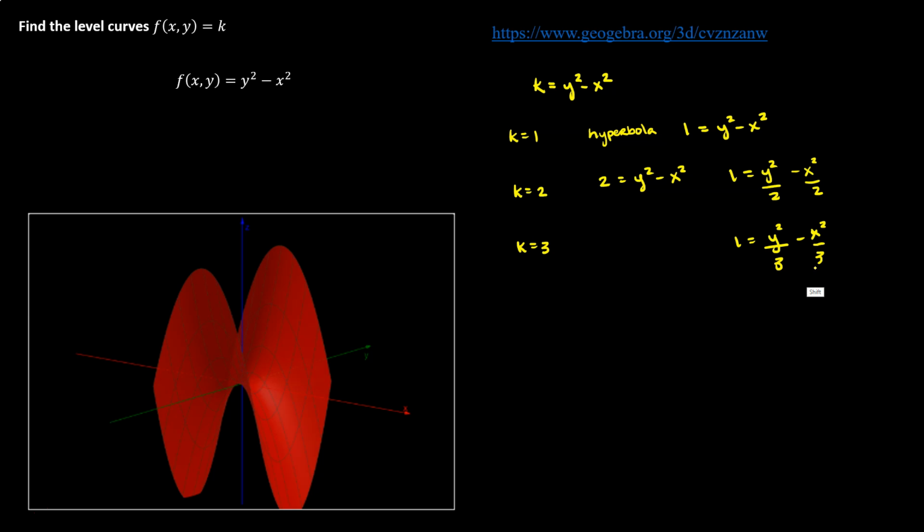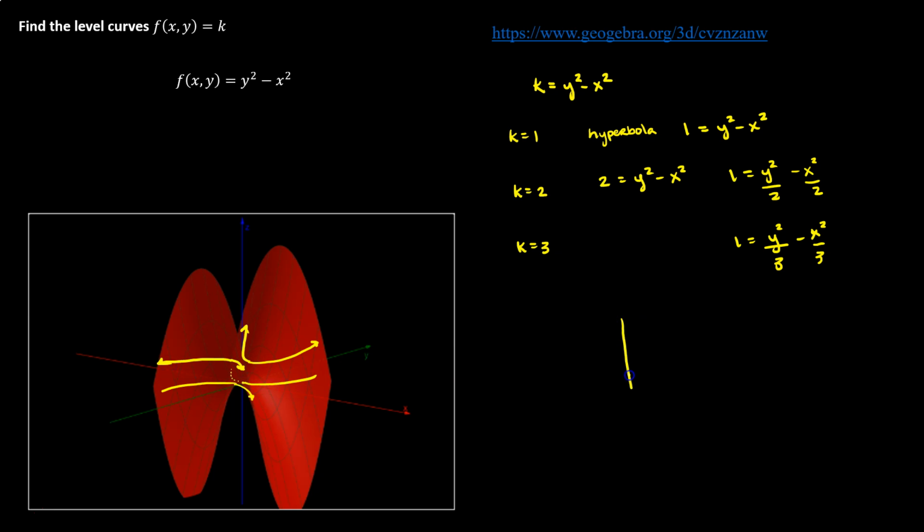And so on. If we were to map these out on our surface, in the xy plane, our hyperbola would trace out, oops, I'm drawing that in the wrong direction. These are opening on the y. So we have a hyperbola here, and a hyperbola here. And then as we go up, our hyperbolas are moving away from the z-axis, and they're contracting.